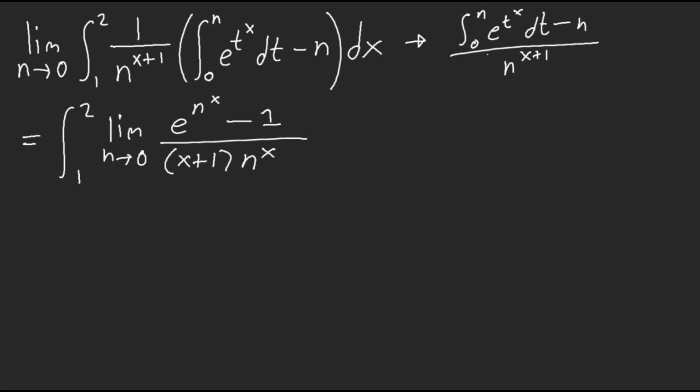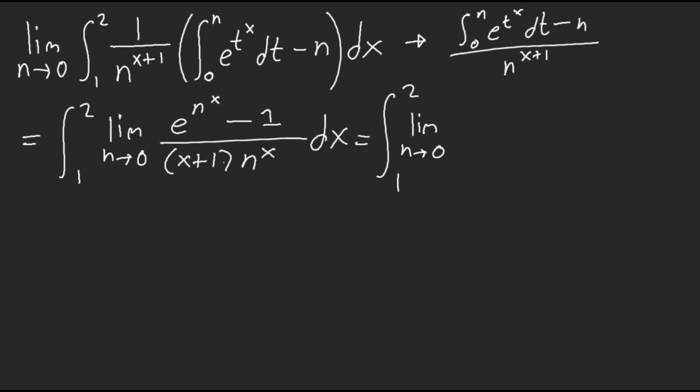So power rule, do not derive x by accident. Alright, cool. Now what we have here is a lot simpler to work with. So we have the integral from 1 to 2, limit as n approaches 0.